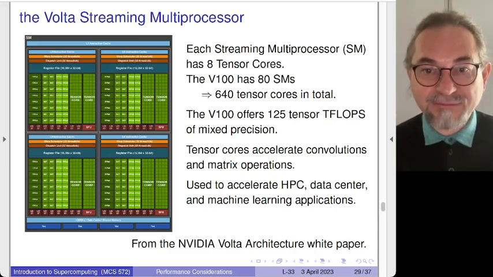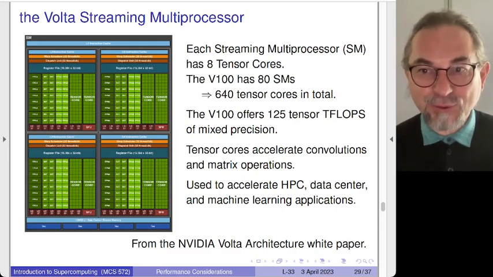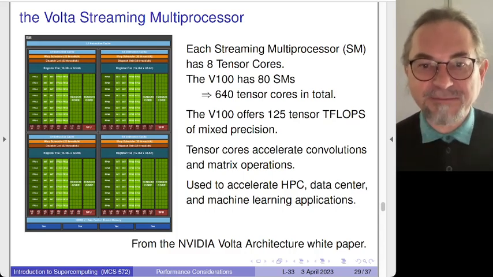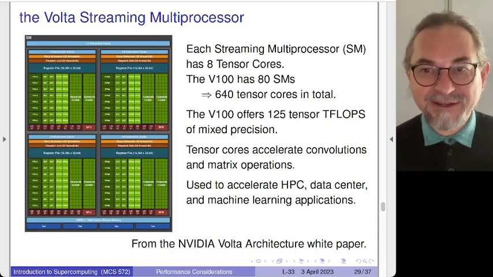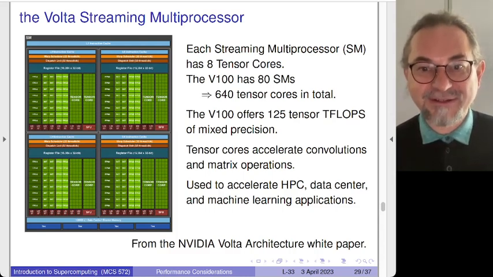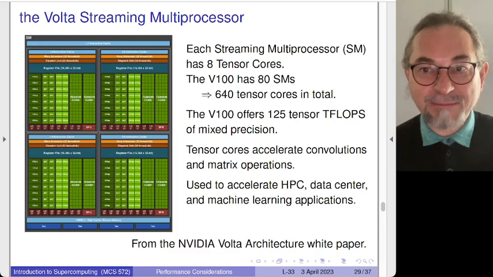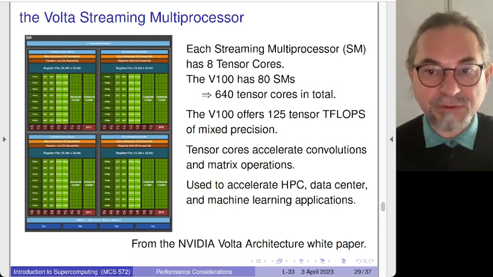So if you can cover convolutions and matrix operations, you can cover almost all applications. Part of the Volta advertisement, and the technical literature, is actually always dedicated to the applications that have been made possible because of this increased performance.